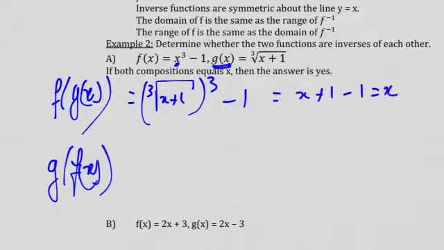And if I do the other one, let me use another color. I'm going to use the green one. What I want to do is calculate g of f, not f of g, already done.